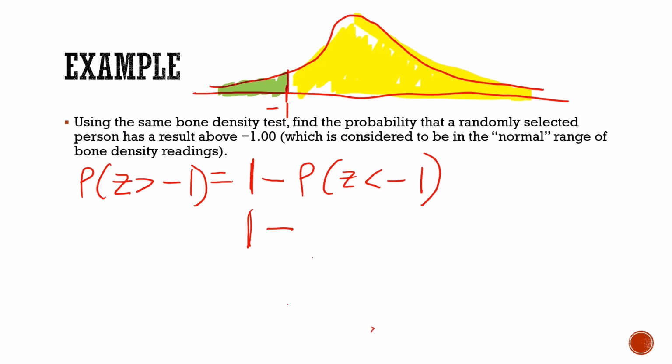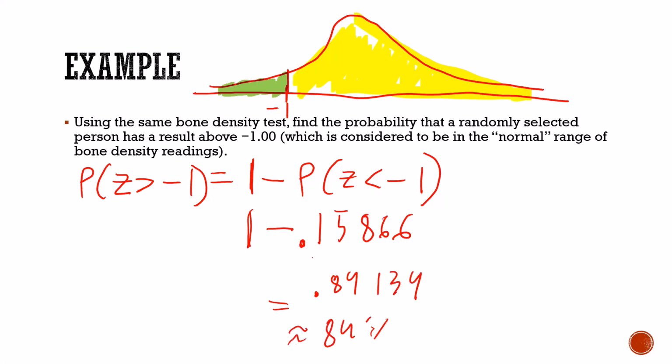Did anyone get the value they find on their table to be 0.8413? Okay, so then that means that the probability is 0.84134, or roughly 84%.